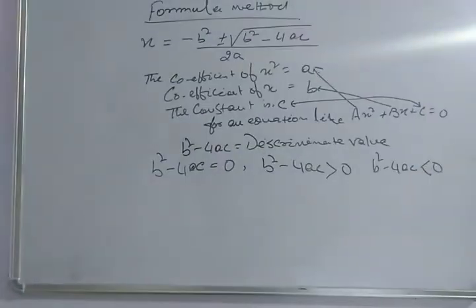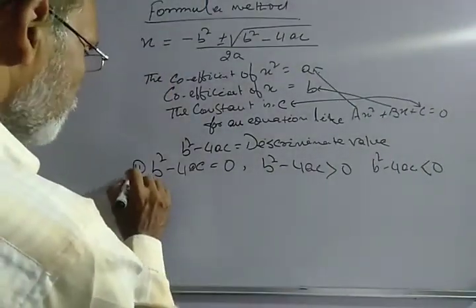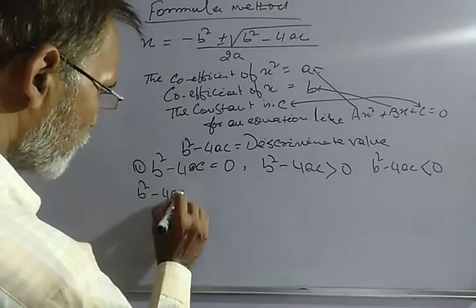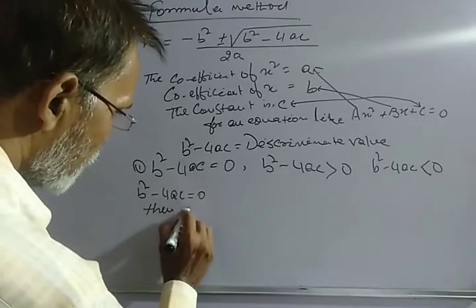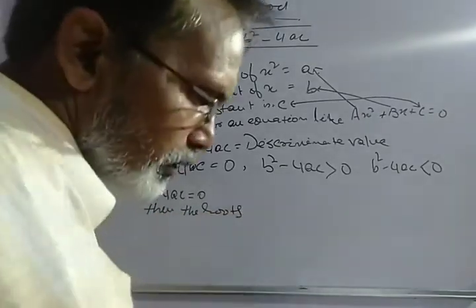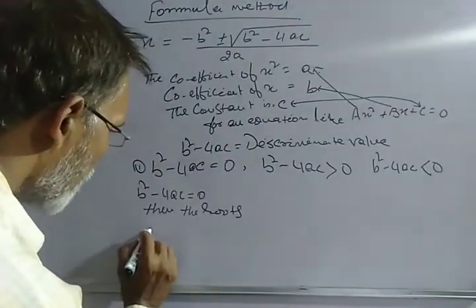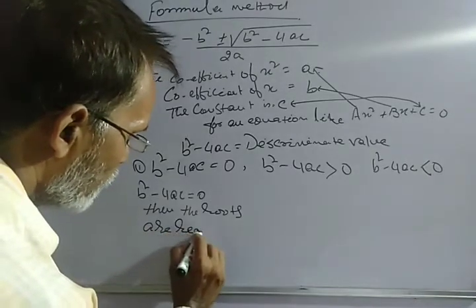In the first case, b square minus 4ac is equal to 0, then the roots are real and equal.